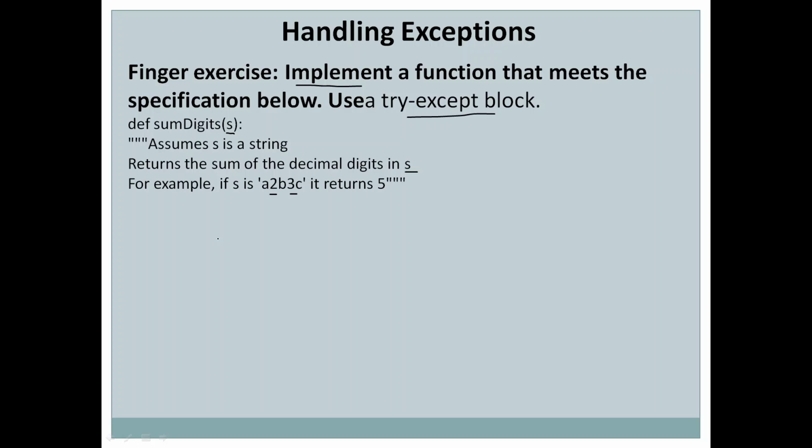For example, if I call the function sum digits and in brackets I pass a string that is ab12c3, then what it should do is only add the digits from the string, that is 1, 2 and 3.